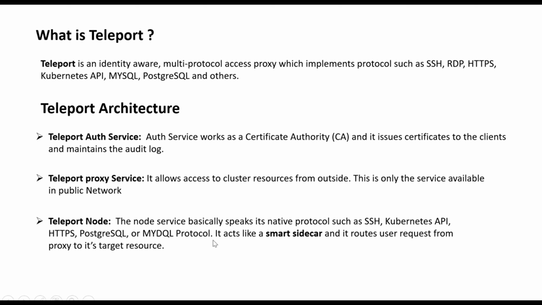So the role of the Teleport node is that when the request comes to the proxy, and then from the proxy moves to the particular resource inside the Teleport cluster, that request is moved by the Teleport node only.